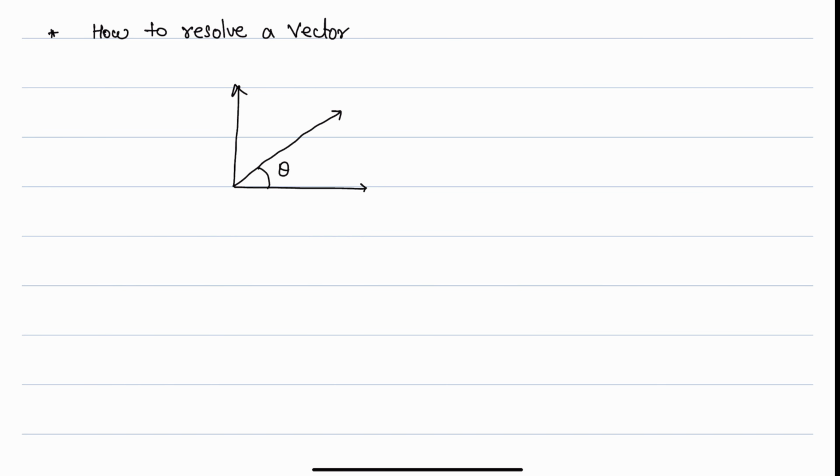Okay guys, another point: how to resolve a vector. There is a very easy way to resolve, and this will help you in other lessons also. Let's say there is a vector and here is angle theta, with the x-axis and y-axis. You need to check in which direction.